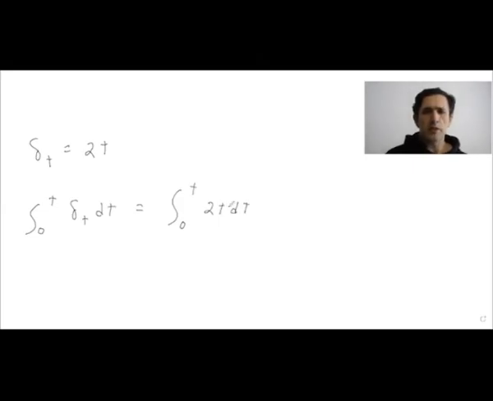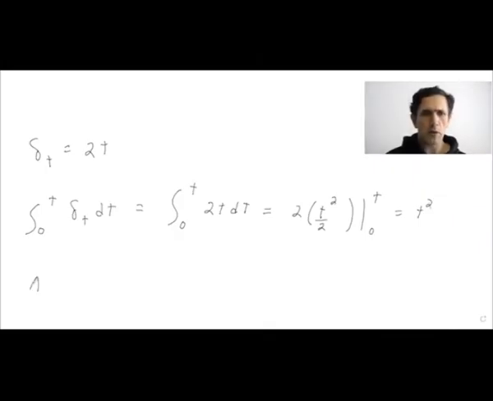And again, for the math purists here, I should have an integration variable separate from what's here, but hopefully that doesn't make anyone too upset. So this is going to be 2t squared over 2, 0 to t, and that's just going to be t squared.